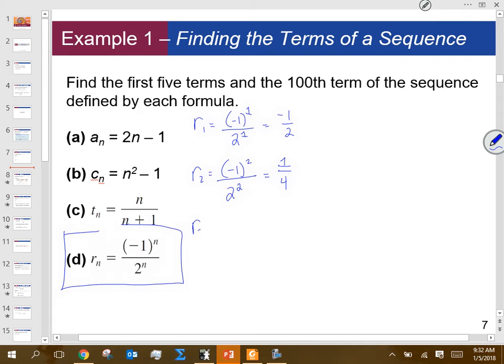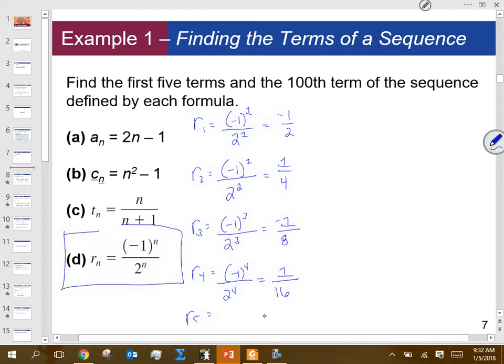I'll do R sub 3, so we get negative 1 cubed, and then 2 cubed, so it gives me negative 1 over 8. R sub 4 gives me positive 1 over 16.